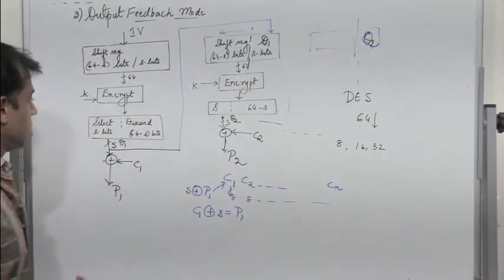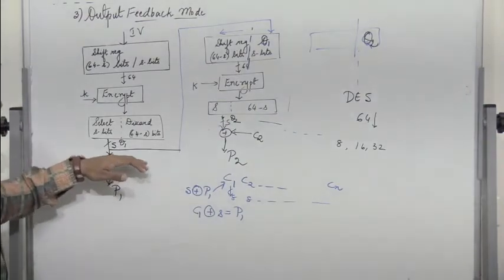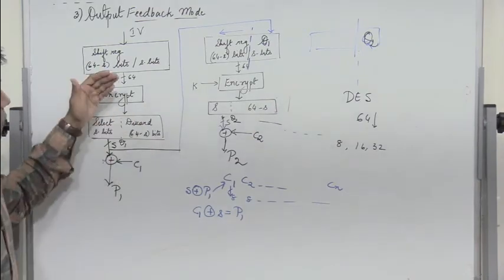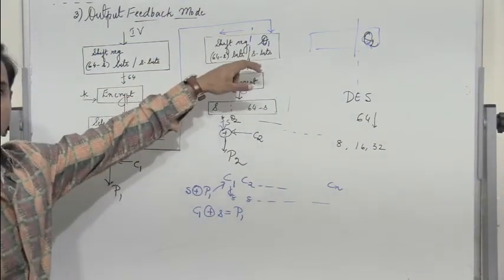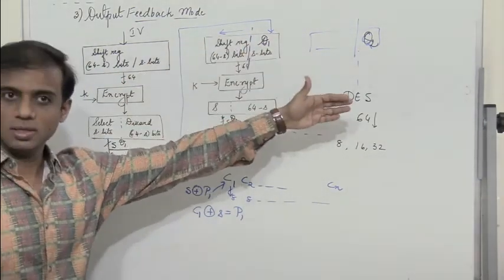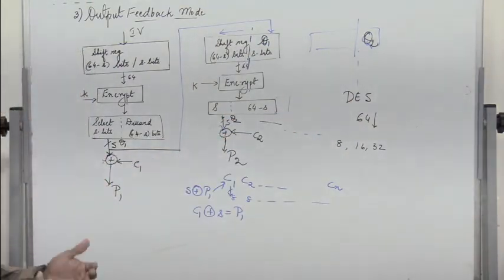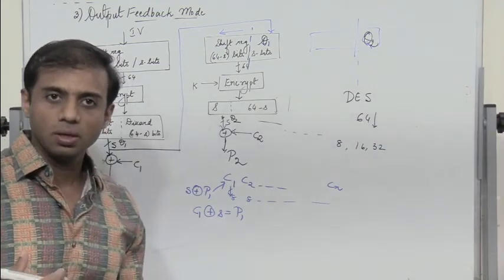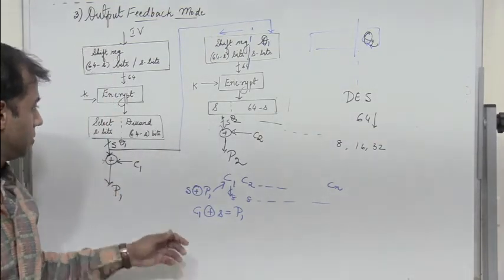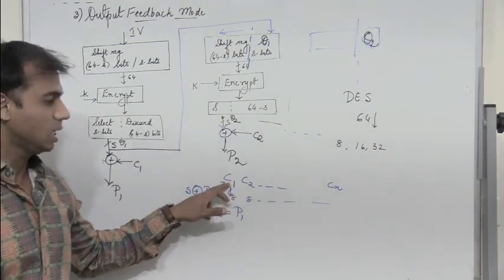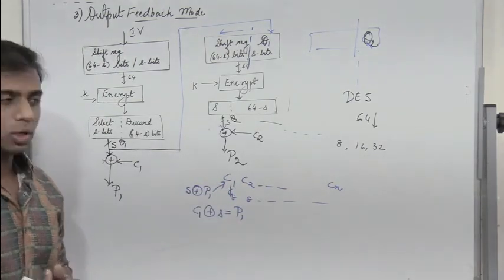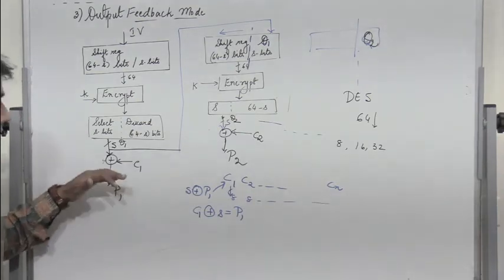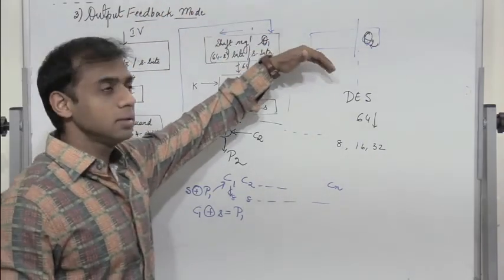Now why do we replace the contents of the shift register with O1 instead of C1? In cipher feedback mode we were storing C1 here, and C2 and so on in the successive stages. During decryption, when the receiver receives the ciphertext, if a few bits of C1 are in error, then P1 is in error, and the same C1 is also stored in the shift register.